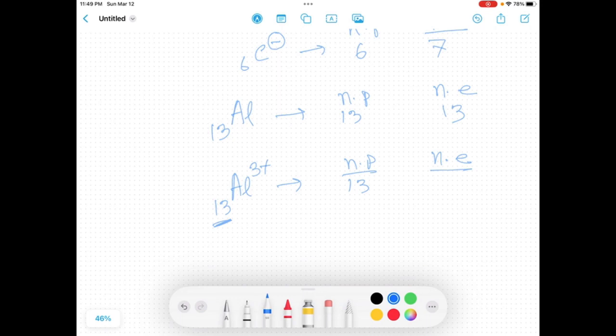In the neutral situation, 13 protons and 13 electrons. Since it is showing a 3 plus charge, that means 3 electrons are removed from this element, and that's why it is showing aluminum 3 plus. So the number of electrons is 10, because 13 minus 3 is 10.